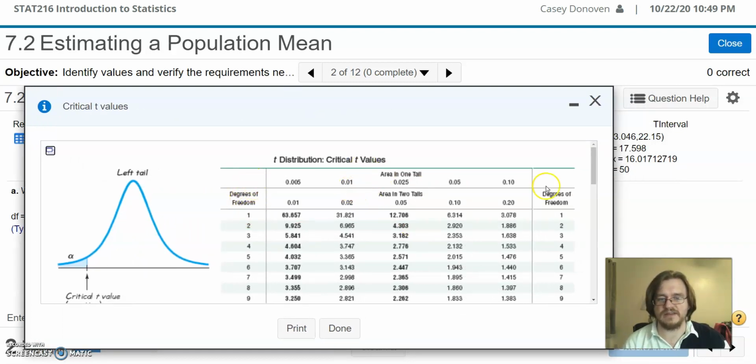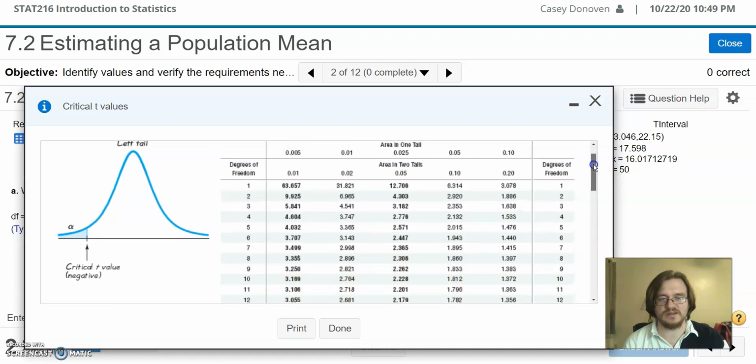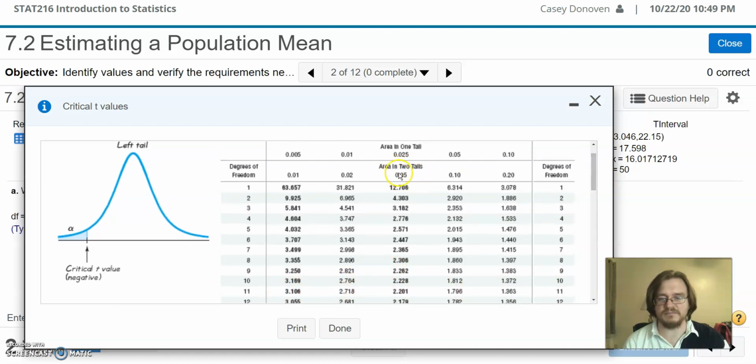But along the left-hand side and the right-hand side, we can see the degrees of freedom. So we'll come down to the degrees of freedom 11. And then there's a few numbers in the middle. So what we want to do is identify which number here we want. And there are two column headings. Here I'm going to look at the area in the two tails.